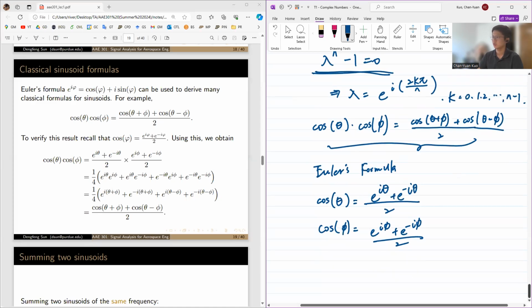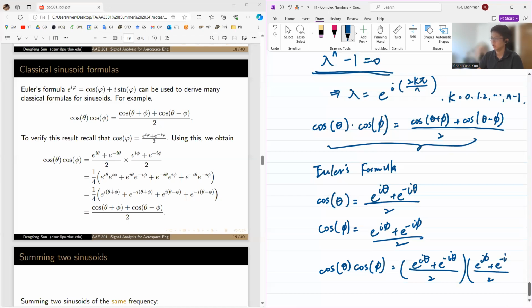And now we substitute these two expressions into this expression here, and we will get e to the i theta plus e to the negative i theta, times e to the i phi plus e to the negative i phi.